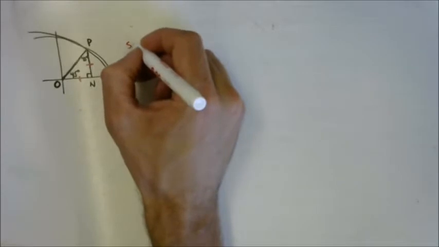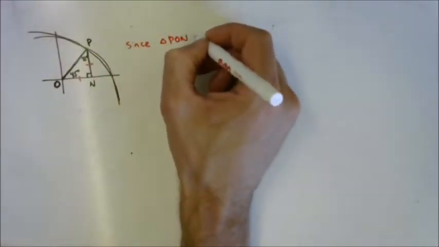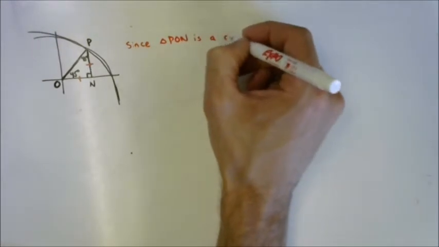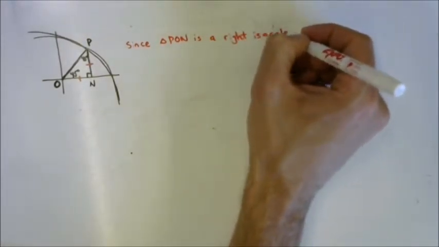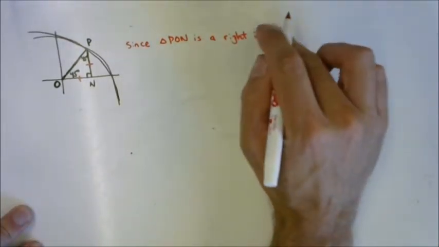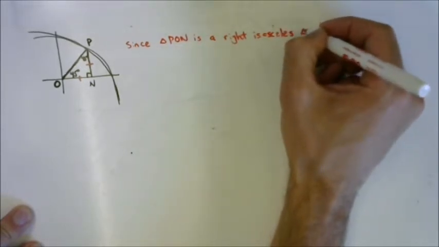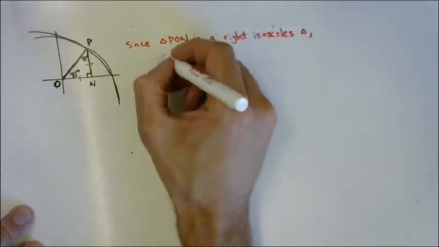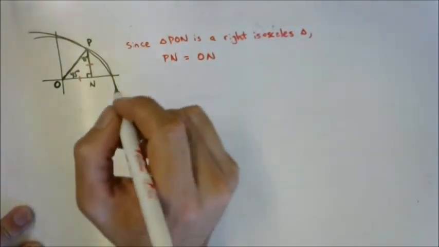So since triangle PON is a right isosceles triangle, PN equals ON. They are the same length.